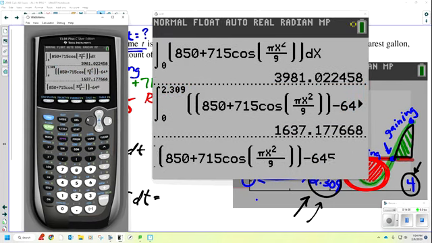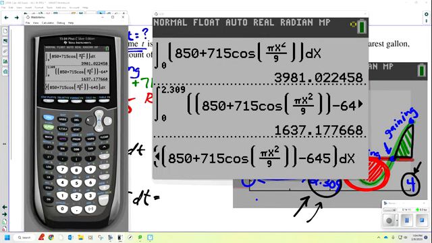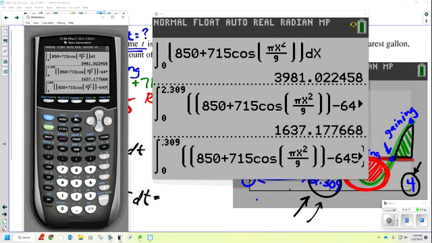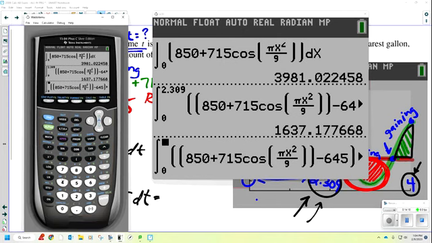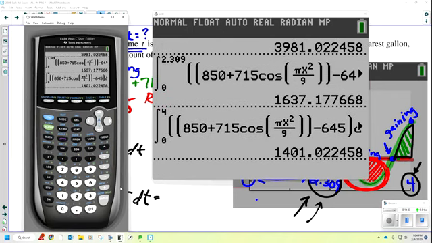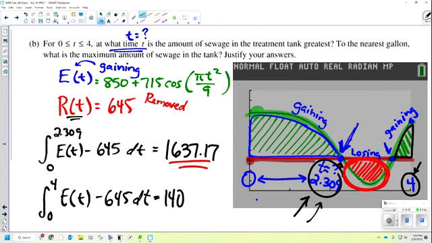So now I go all the way back, and I make that upper bound 4. And I have 1,401.02. We'll just call it 0.02.